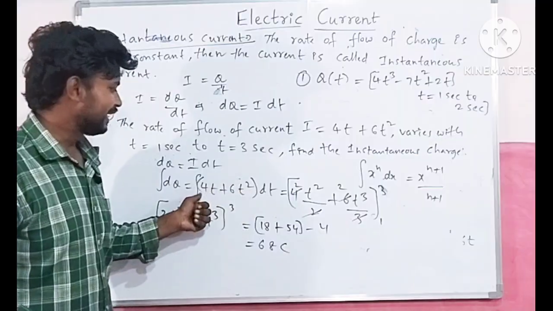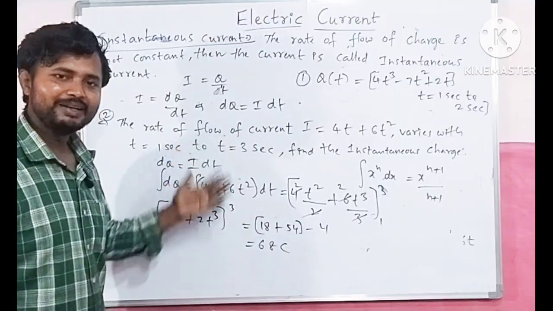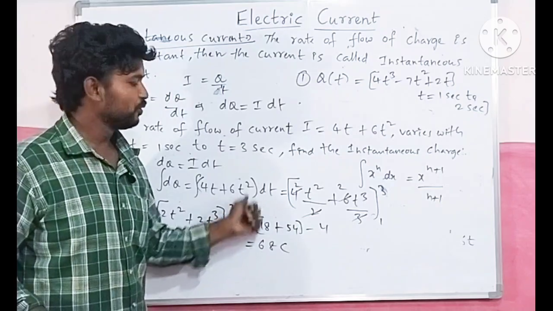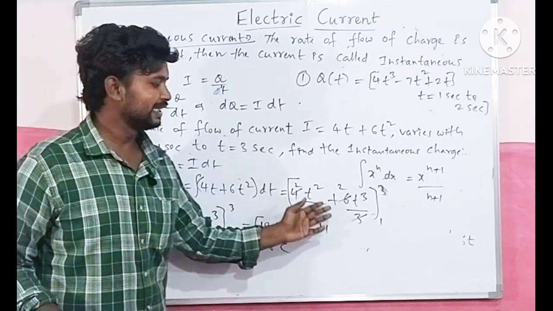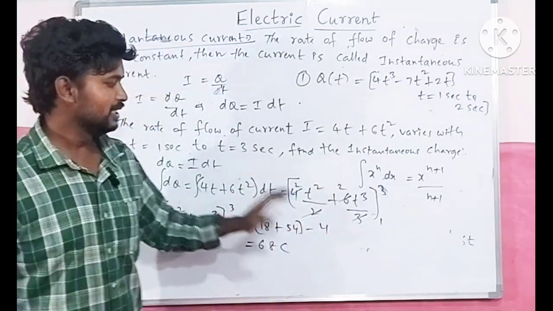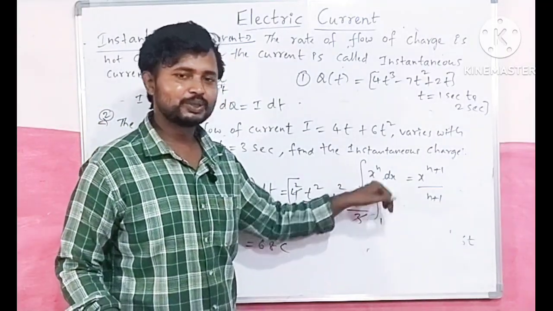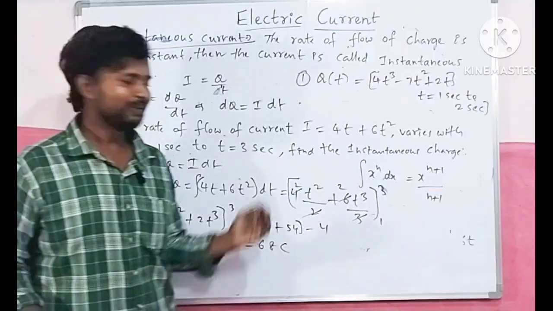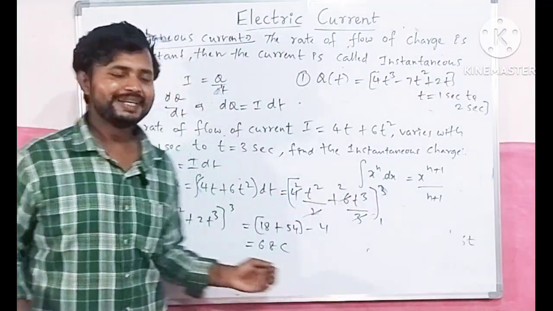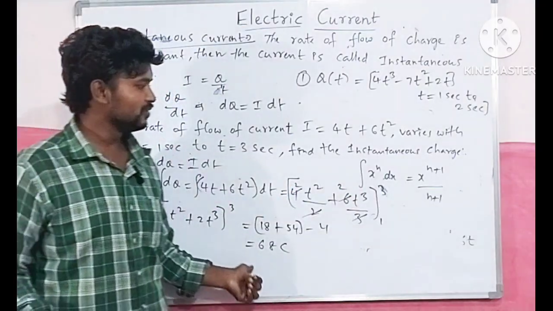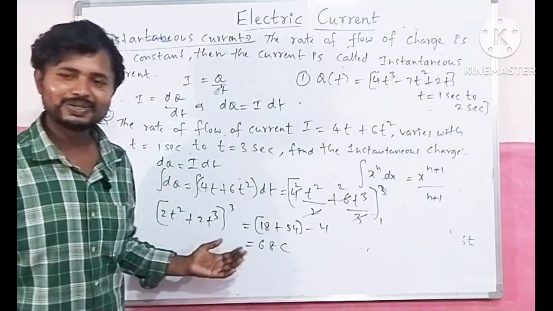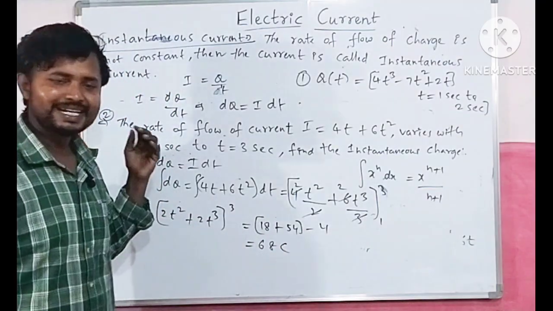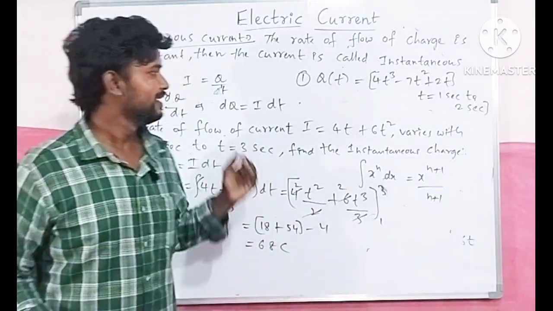So 4 into t square by 2, and 6 into t cube by 3. The time limits are 1 to 3, so we apply 3 and 1 in place of time. We will get the charge: 68 coulombs. This is how to find the instantaneous current as well as the instantaneous charge.